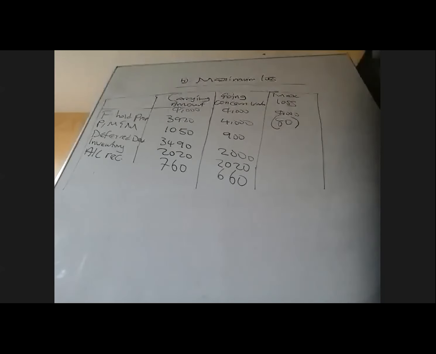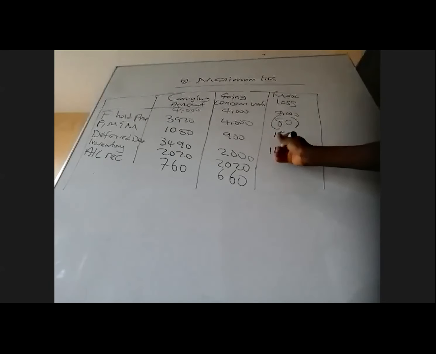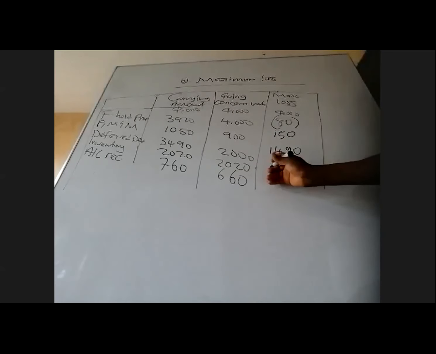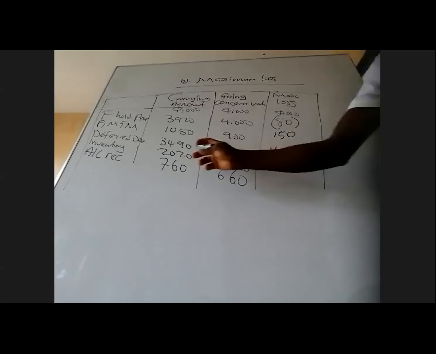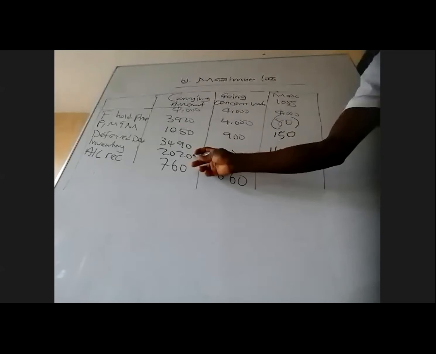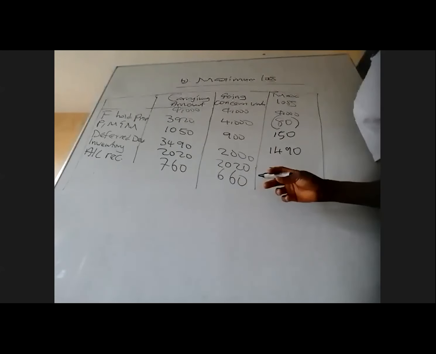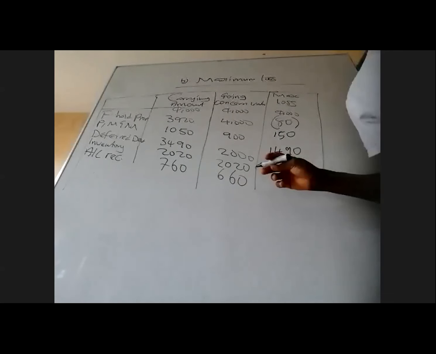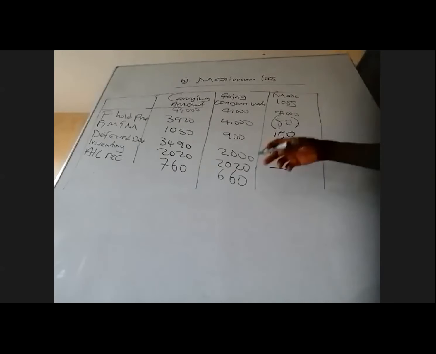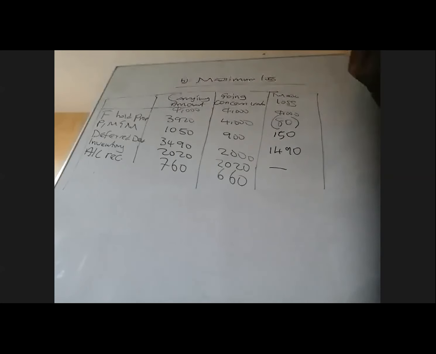Okay, so here will be 150. And then 1,490, perfect. Here will be a dash, right? Good, because the book value is 2020 and the value too is 2020 here. So we don't need to worry.